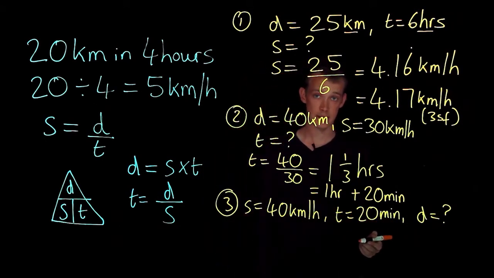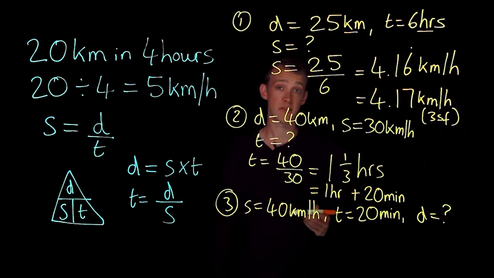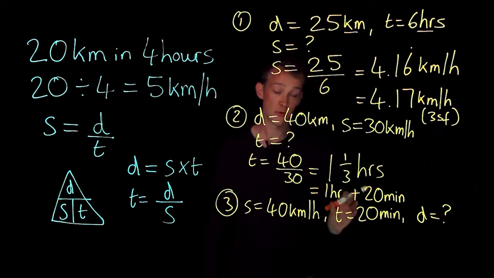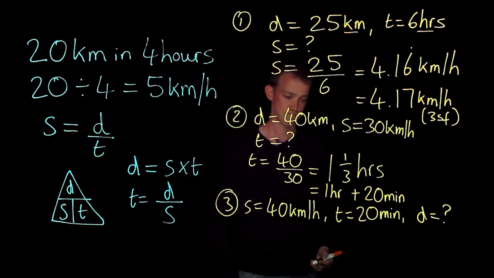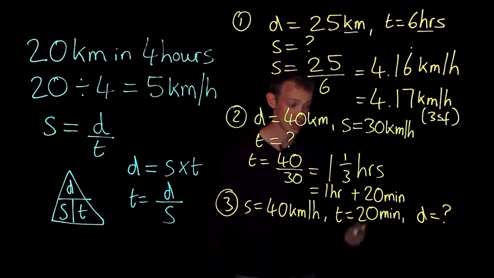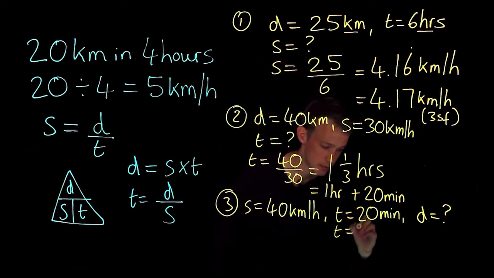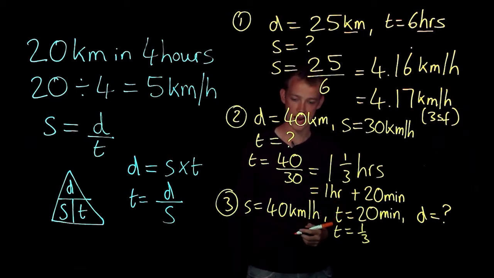Time is 20 minutes, but in every other example I've shown you, we've been using hours. And the question expects us to use hours because the speed is given in kilometres per hour. So before I start my question, I need to convert this 20 minutes into hours. 20 minutes out of 60 is going to be 1/3 of an hour. So the time I'm going to use is going to be 1/3 because that is what it is in hours.